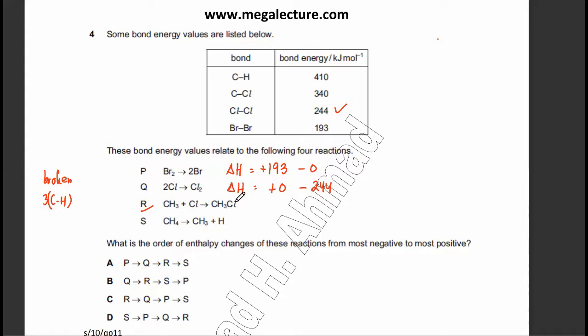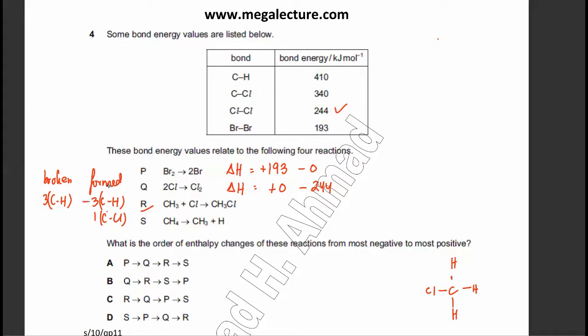And how many bonds need to be formed? It's CH3Cl. You should know what the structure is. CH3Cl looks like this. So the bonds formed are 3 CH bonds, and there's going to be one CCl bond.